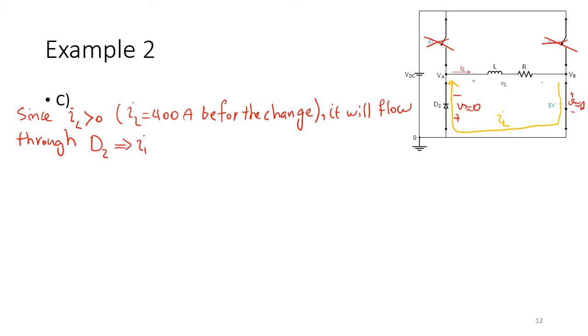So ID2 will be equal to IL. When a switch, whether a transistor or a diode, is conducting, the voltage across that switch is 0. It's like a short circuit. So VD2 is almost 0. So now that the voltage across this switch is 0, what is the voltage of VA?